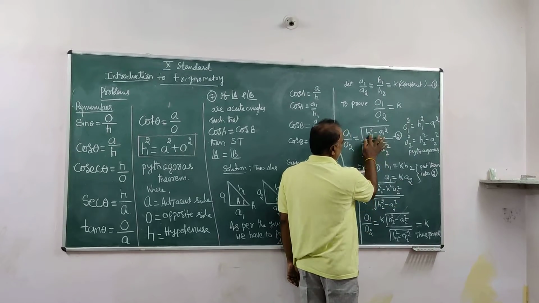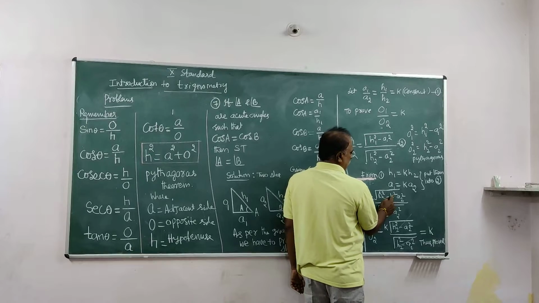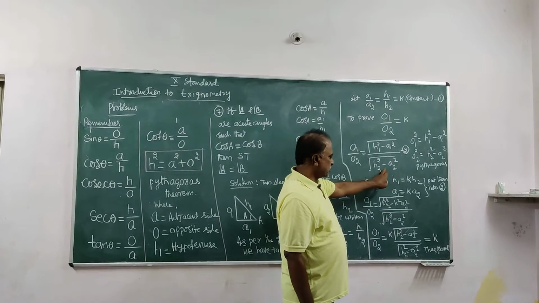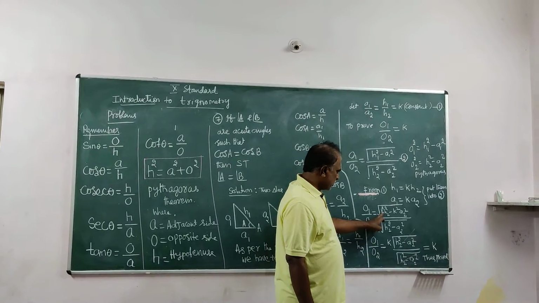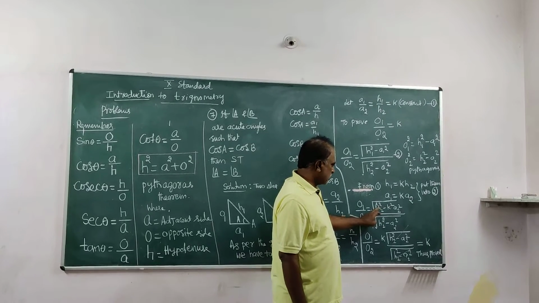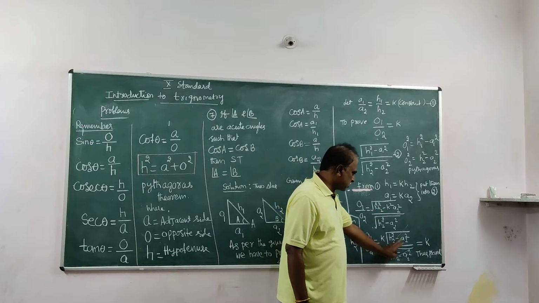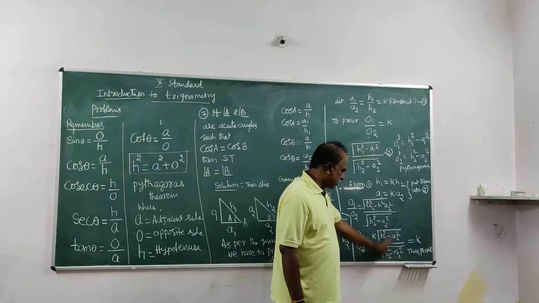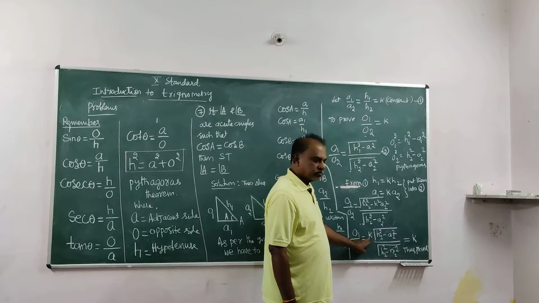Put them in, and because square is there, whole square: K square H2 square, K square A2 square. Then simplify this. K square is common, take out the common factor. K square root becomes k, out of the root. The remaining stays as it is. Then these two are the same and get cancelled. Then O1 by O2 is equal to k.